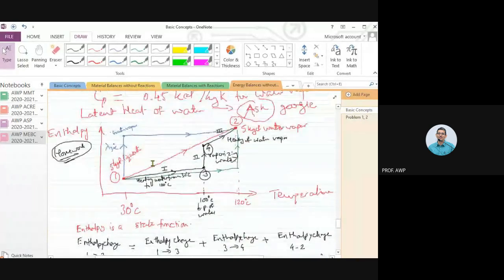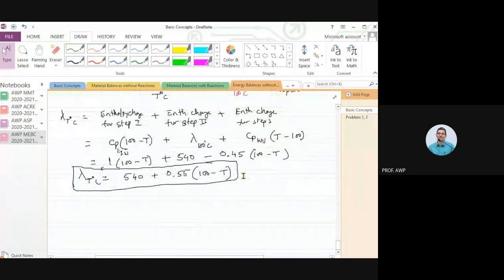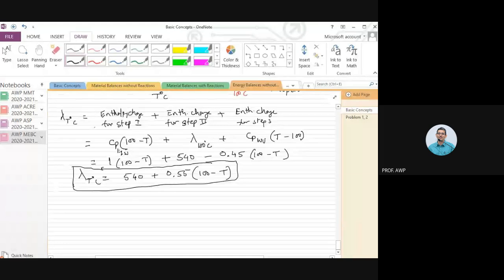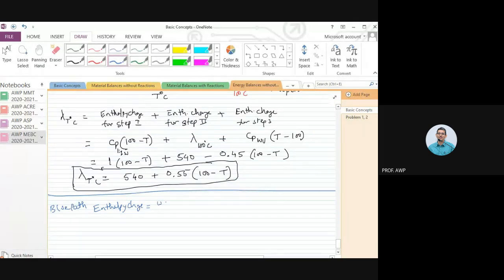Let's take this blue path. What is the blue path? Enthalpy change would be vaporize water at 30 degrees centigrade and then heat water vapor from 30 degrees centigrade to 120 degrees centigrade.